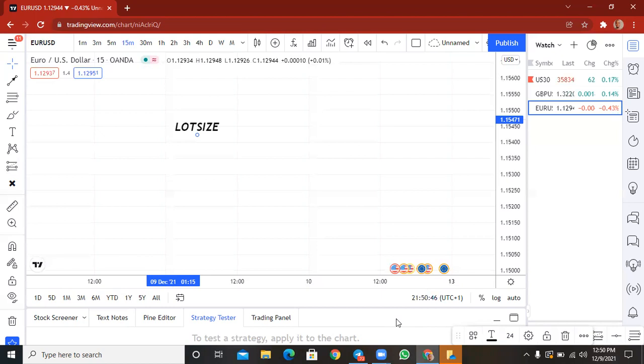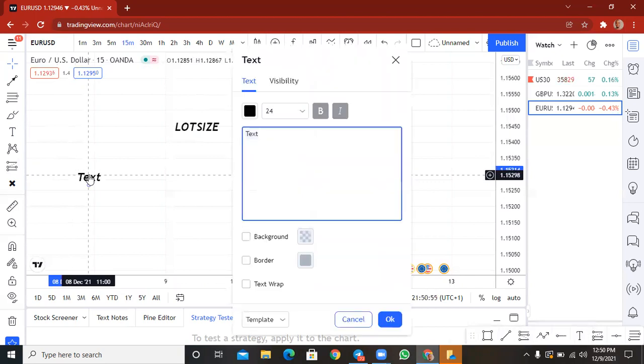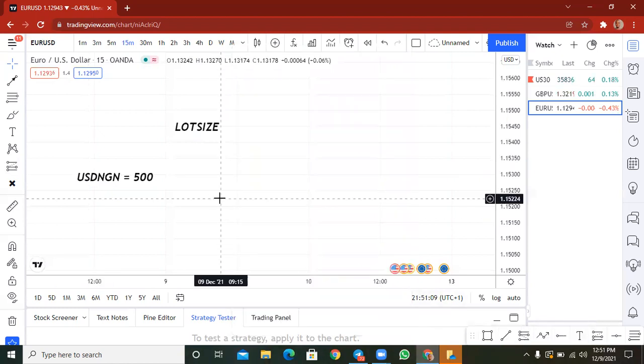If the standard exchange rate is USDNGN equals 500, meaning $1 costs 500 naira, then 10,000 naira will be $20.